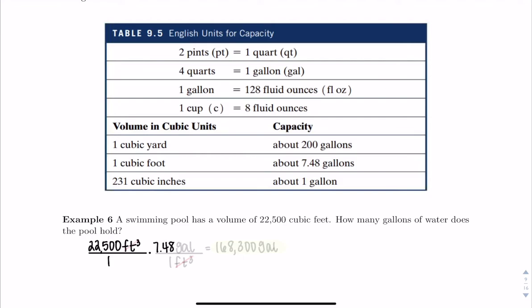So we have our 7.48 gallons on top, and on bottom, we've got 1 cubic foot. And so the cubic feet cancel, and we just have 22,500 times 7.48, which gives me about 168,300 gallons.